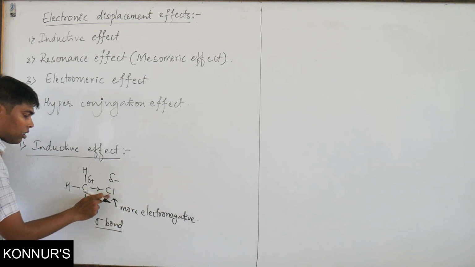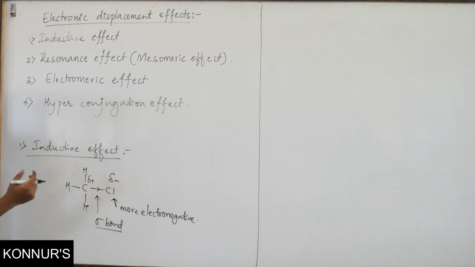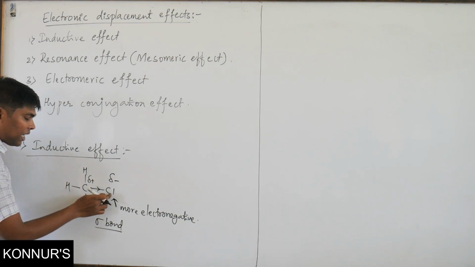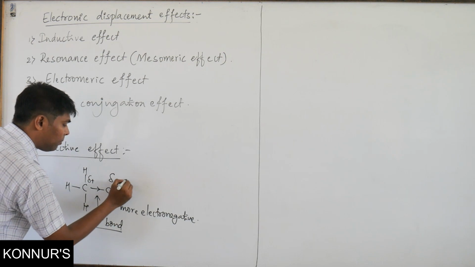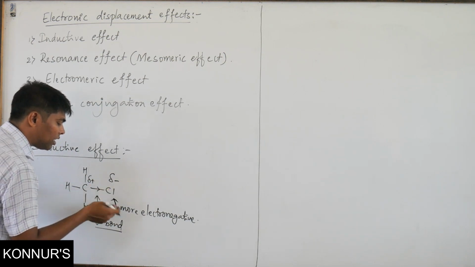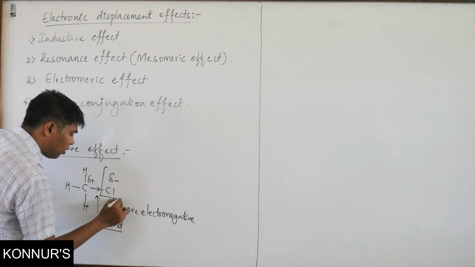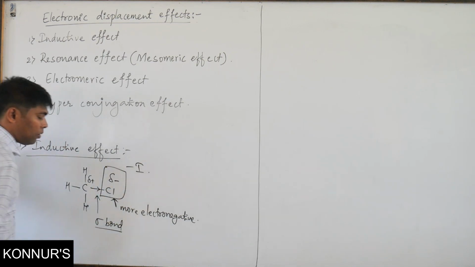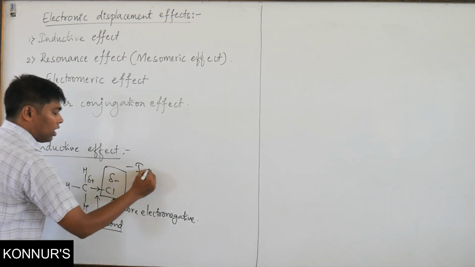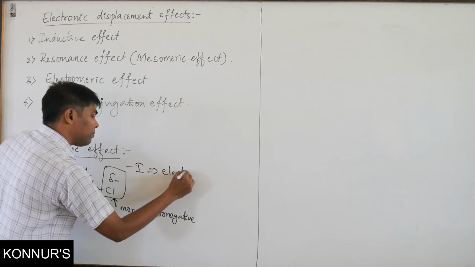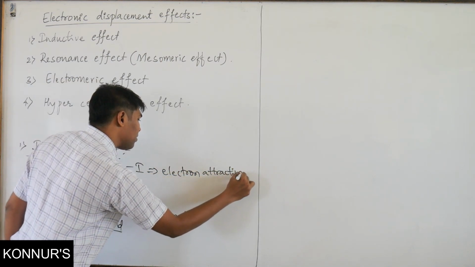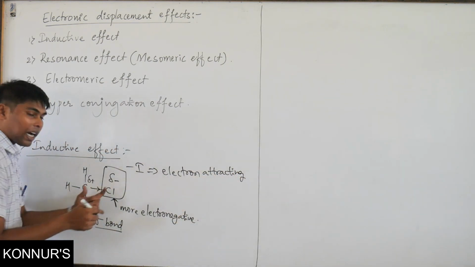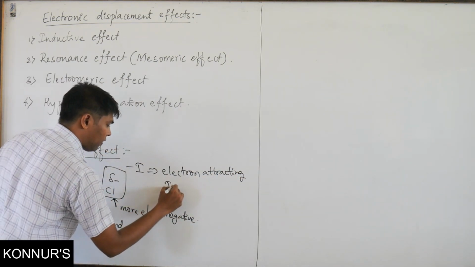The atom or group of atoms that has an electron-attracting inductive effect, for chlorine, I consider it a minus I effect, because it has an electron-attracting inductive effect.